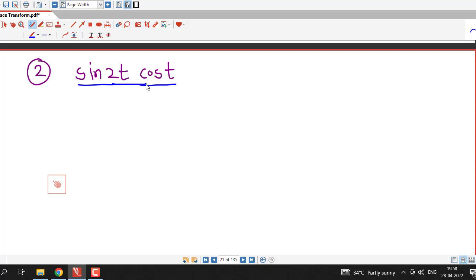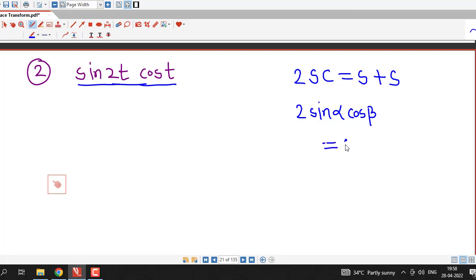So for this, if we recall, we have this formula: 2 sine alpha into cos beta is equal to sine of alpha plus beta plus sine of alpha minus beta.